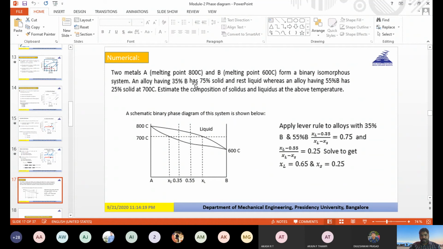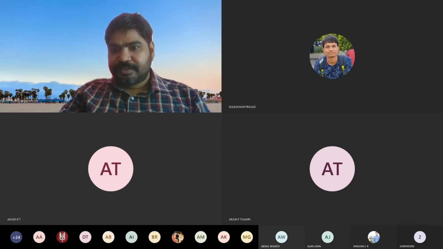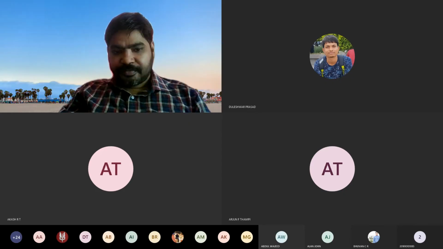So let me read out this data: two metals, an alloy having 35% B, 25% solid. Okay, so let me make this out using this whiteboard. In some cases we are supposed to write, and with the help of this mouse it is very difficult to write. Anyway, I will try to do it.